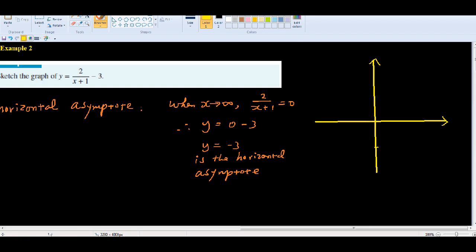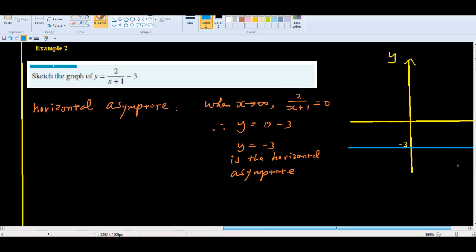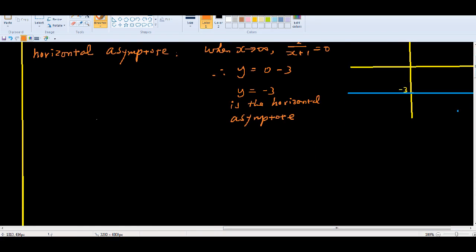So y equals minus 3 is over here. That's the horizontal asymptote.